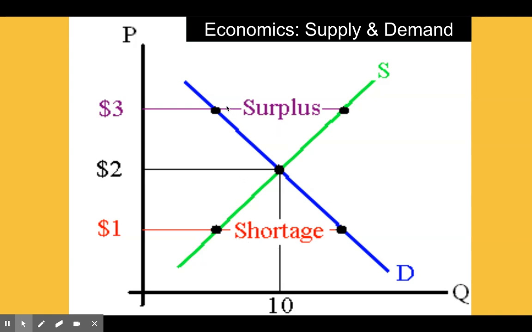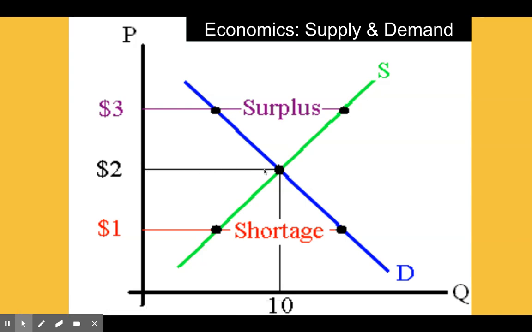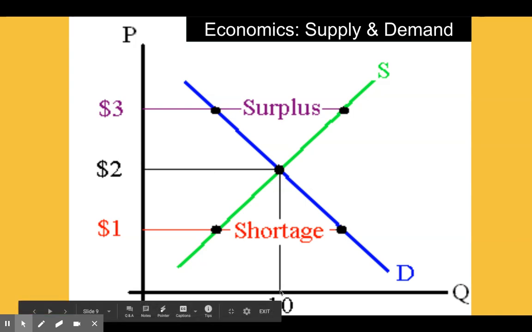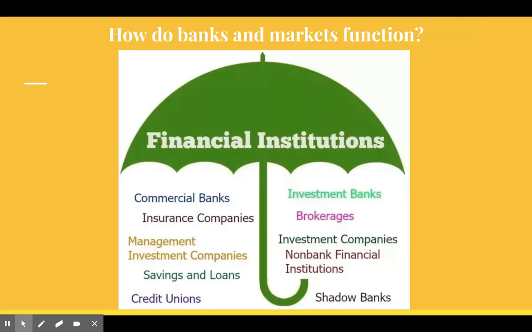So if the price is too high and the demand is too low, that's the surplus. If the demand is high and the price is low, you might end up with a shortage of goods. And we're always trying to find that equilibrium, that place where we're producing enough, but there's enough demand for it, and the price has been adjusted by that invisible hand to where a company's making profit and consumers are happy.